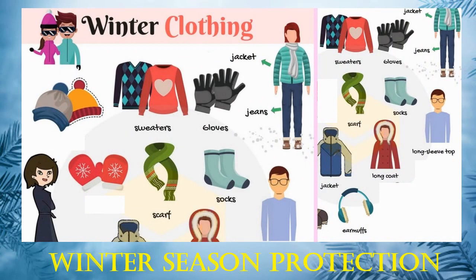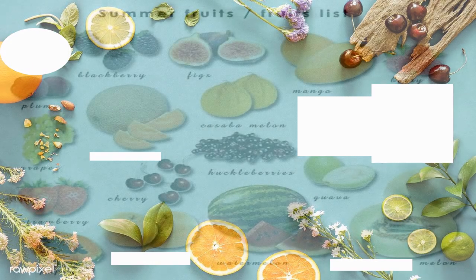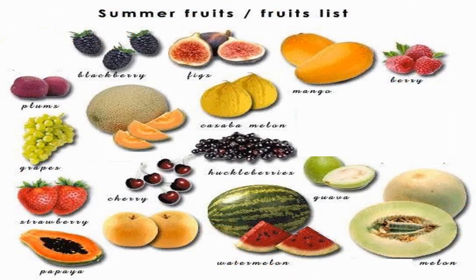Summer season fruits. When it is summer, you always see these fruits in the market like watermelon, cherry, strawberry, mango, blackberry, grapes, papaya, etc. Rainy season fruits.